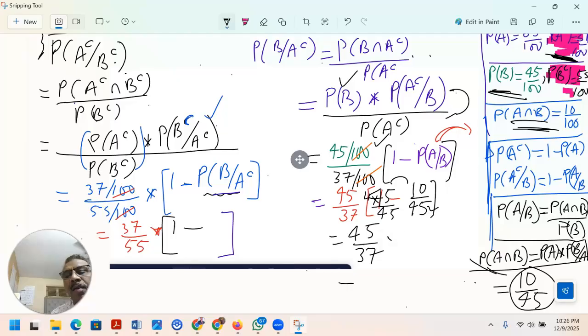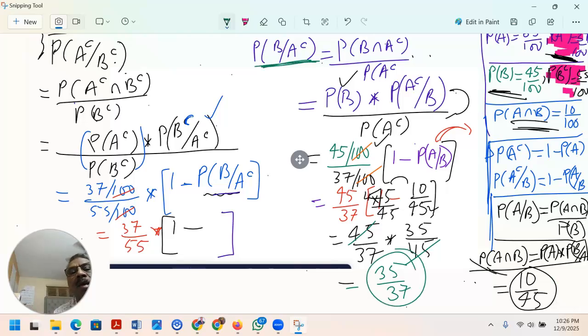And 45 minus 10 is 35 out of 45. You can clearly see we can cross out 45, 45, and you end up getting 35 over 37. So this piece was for this. And where do we plug this in? This is the probability of B and A complement, which we have to plug in here, which is 35 out of 37.